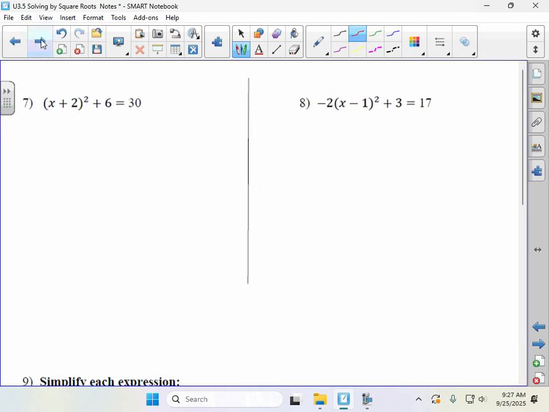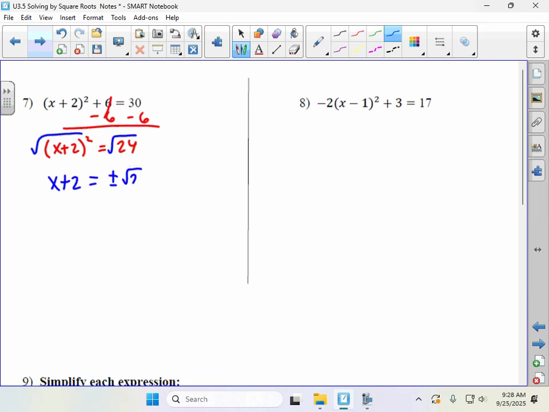All right, number 7. Subtract 6 first. So (x plus 2) squared equals 24. We'll square root. x plus 2 equals plus or minus radical 24.